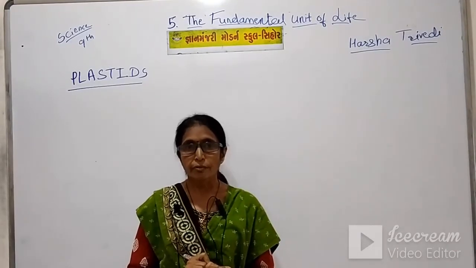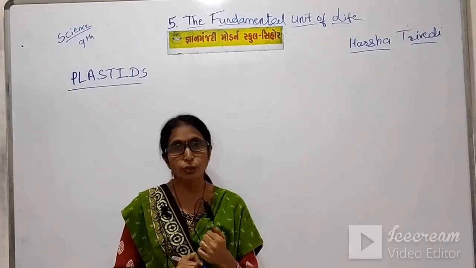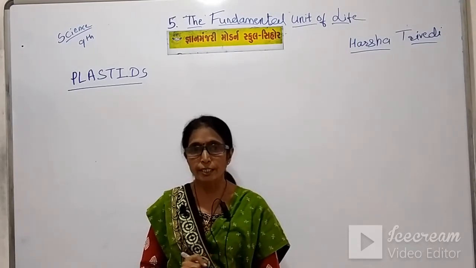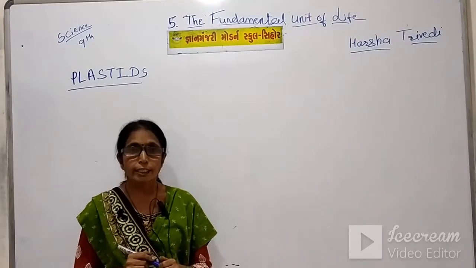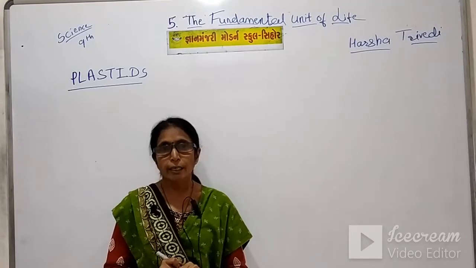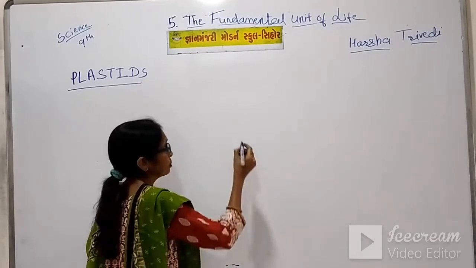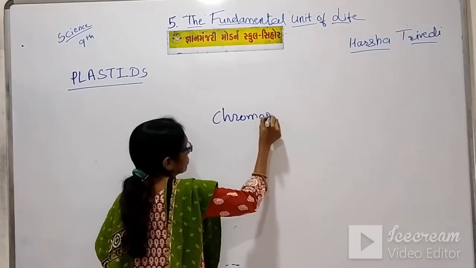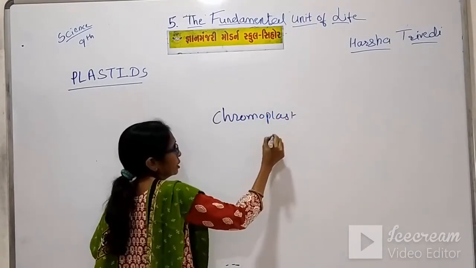Now today we will start with a new organelle, that is plastids, which is present only in the plant cell. Plastids are mainly of two types, chromoplast and leucoplast.